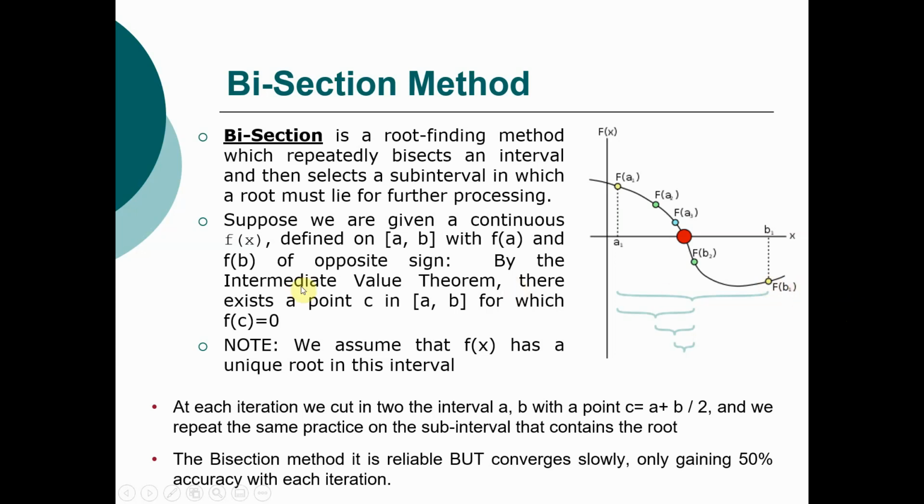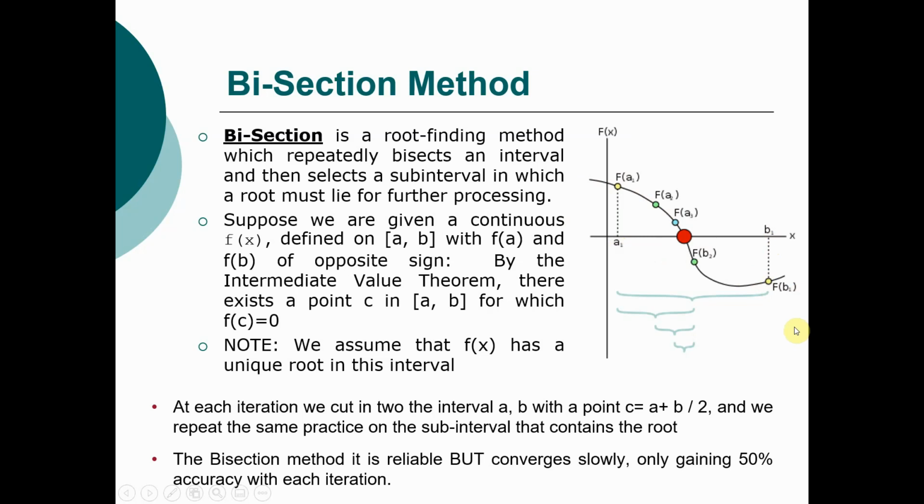This is very trivial, but it's also called the intermediate value theorem. If we have a continuous function and an interval where at the endpoints f of a1 and f of b1 have opposite signs, according to the intermediate value theorem, somewhere between a1 and b1 there should be a zero crossing, there should be an intercept, right?